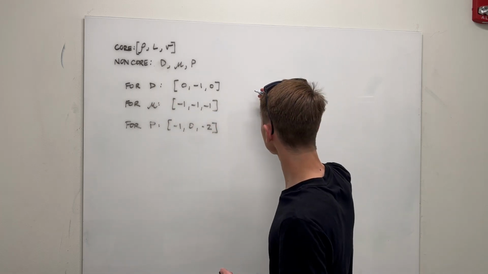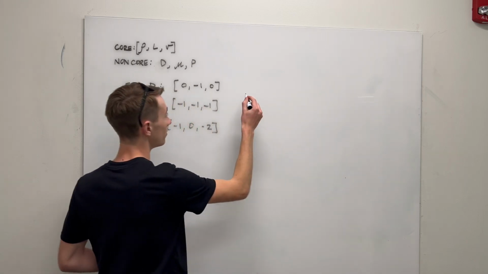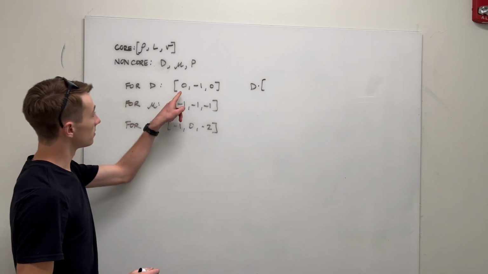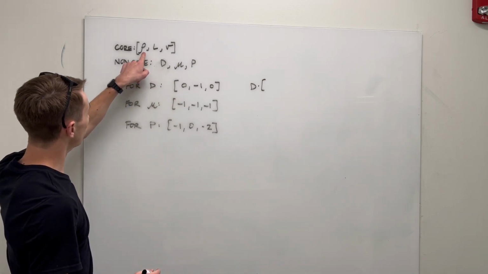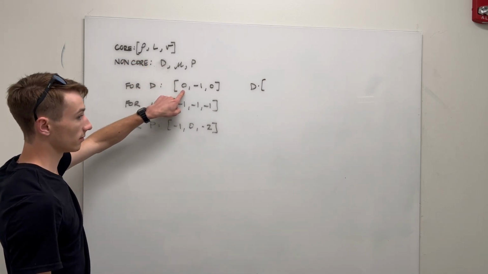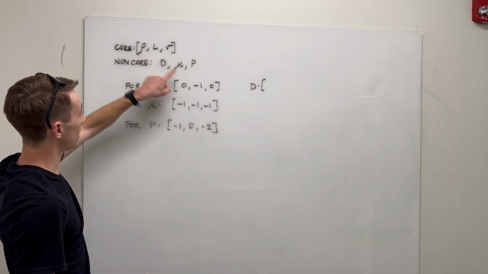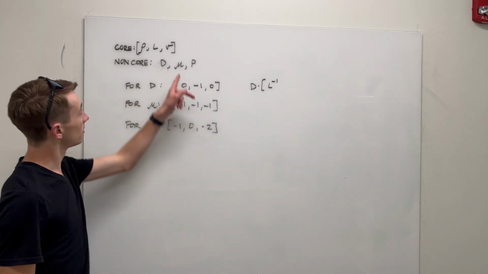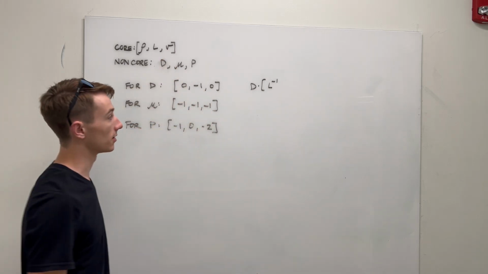For example, diameter. We have diameter times density raised to the 0 power, so that doesn't matter, length raised to the -1 power, and velocity raised to the 0 power. That also doesn't matter.